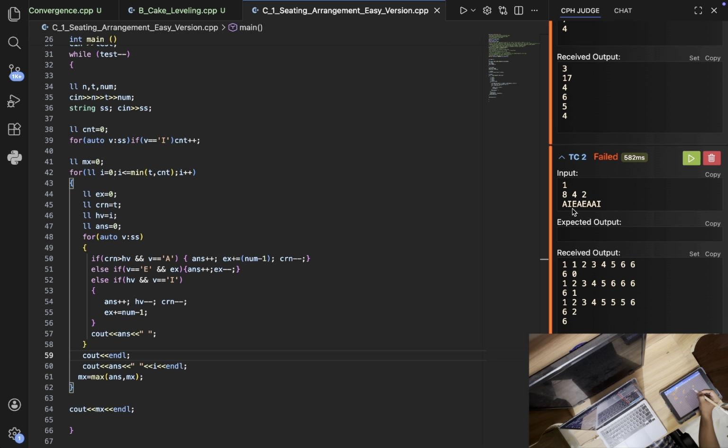I have extra troops, so take. Oh yeah, makes sense.